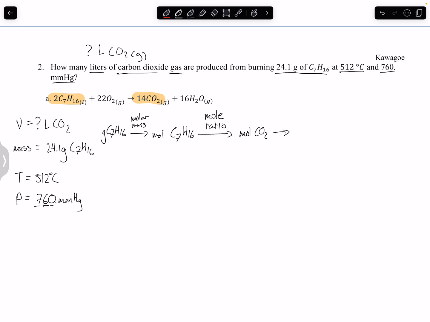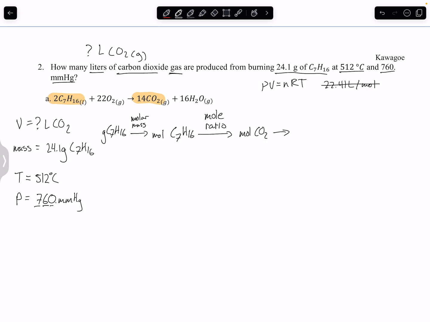And then on the other end of this, we have moles, but we want liters. So there are 2 things you should be thinking, hey, maybe I could use this. One would be PV equals nRT. The other would be the 22.41 liters per mole.